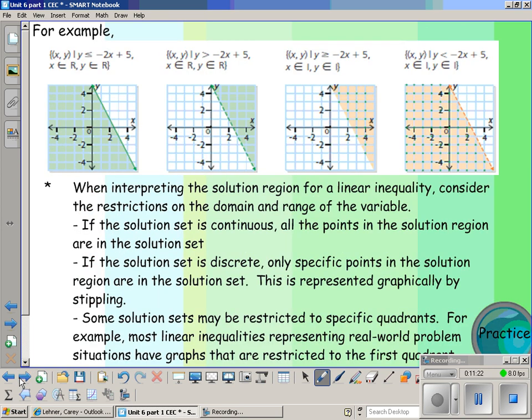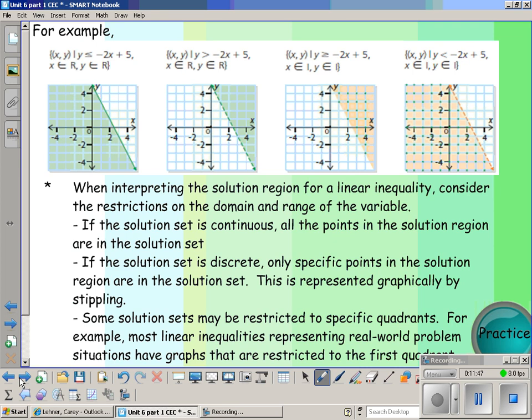So we have a whole bunch of examples. The first one on the left shows it was continuous data because they were both real numbers. There was an equal sign in the inequality. So it's a solid line, and then we are shading the entire half plane. In the second example, there was no equal sign, so it is a dashed line. Because they were real numbers, we shade the half plane.